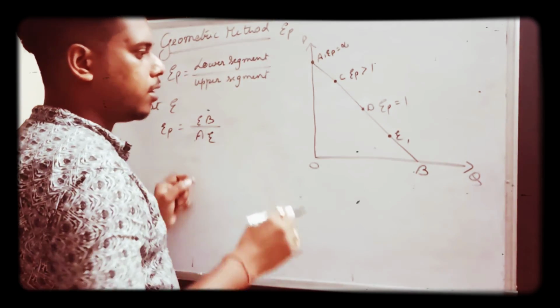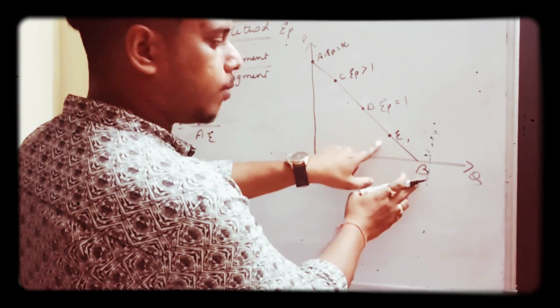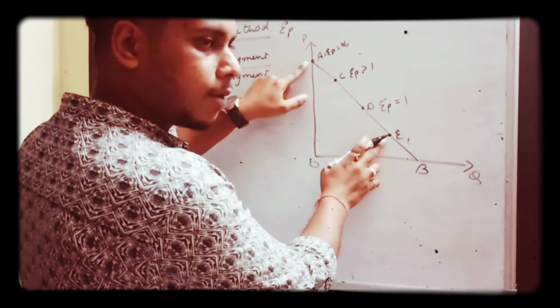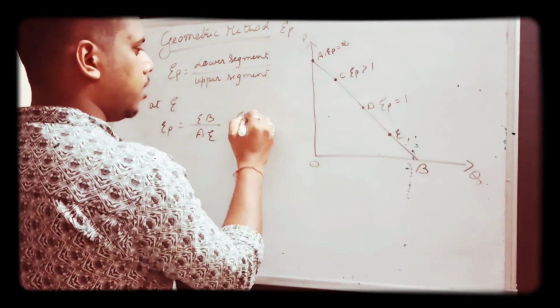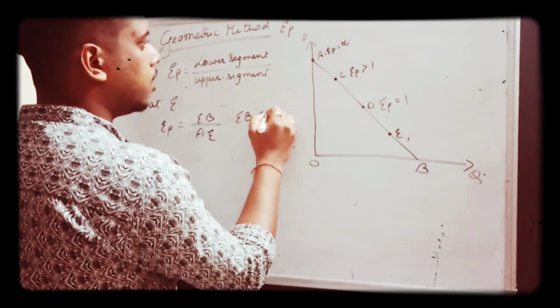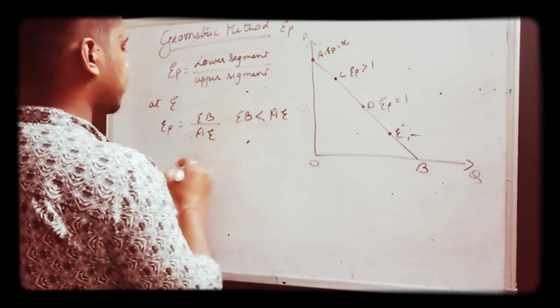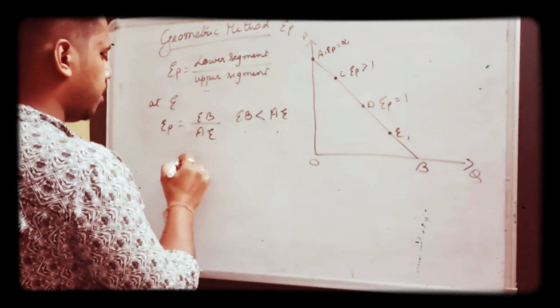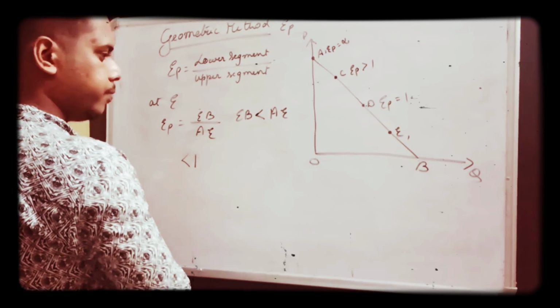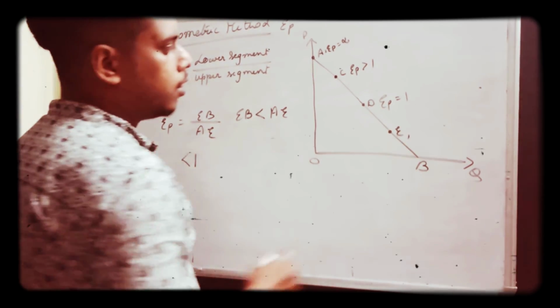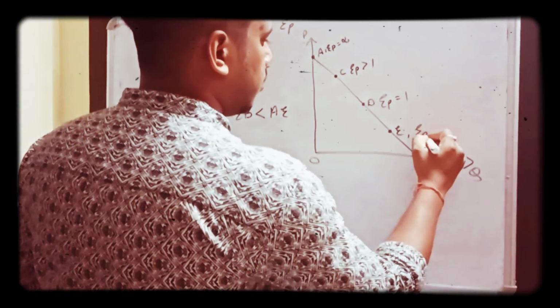Here the numerator, the lower segment, is smaller than the upper segment. EB is smaller than AE. That means the value of EP will be less than 1.